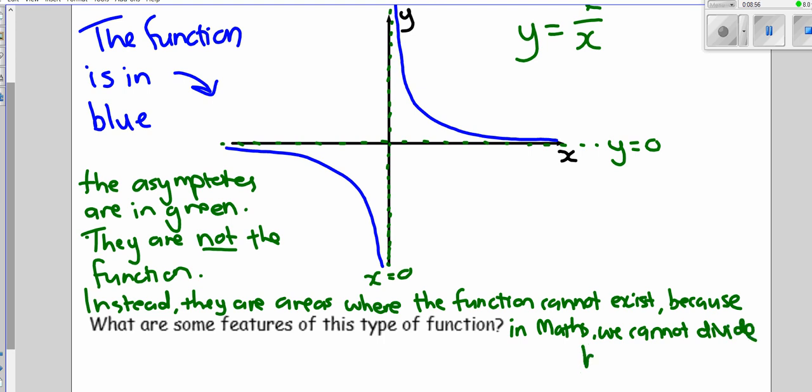That's right, in maths we can't divide by 0. That looks like a road. We cannot divide by 0.